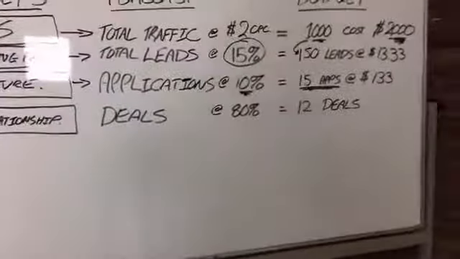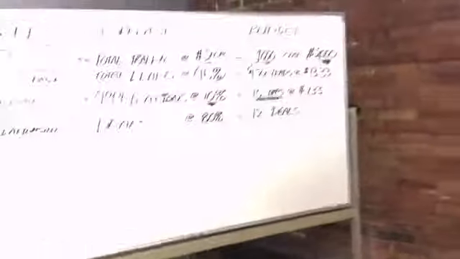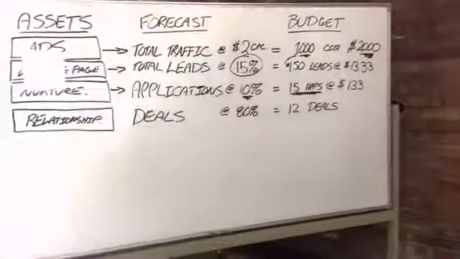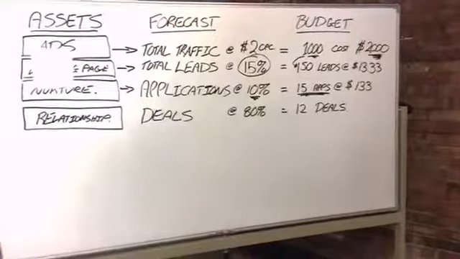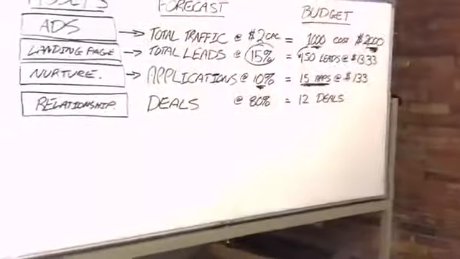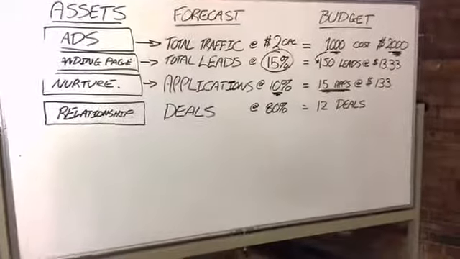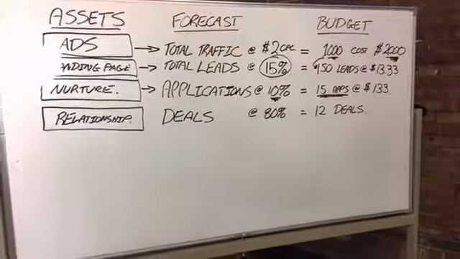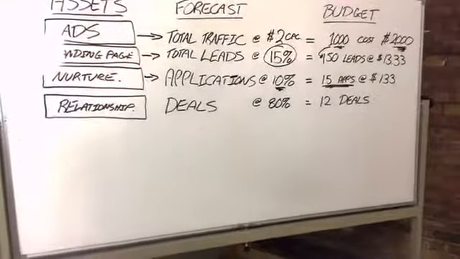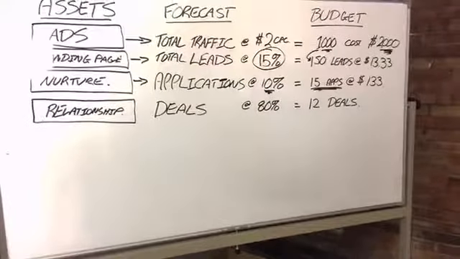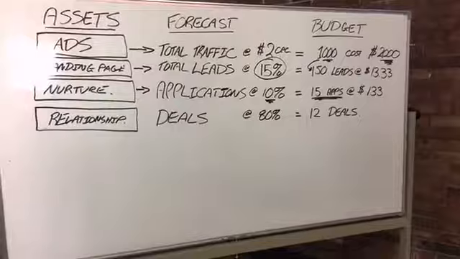And at that number, with the amount of profit that we stand to make in our mortgage businesses, that's a pretty good deal. If you can spend $2 a click, and for every $133 you put into advertising, you've got one person to talk to that's going to submit an application that's potentially going to be a deal, that's a pretty sweet deal.